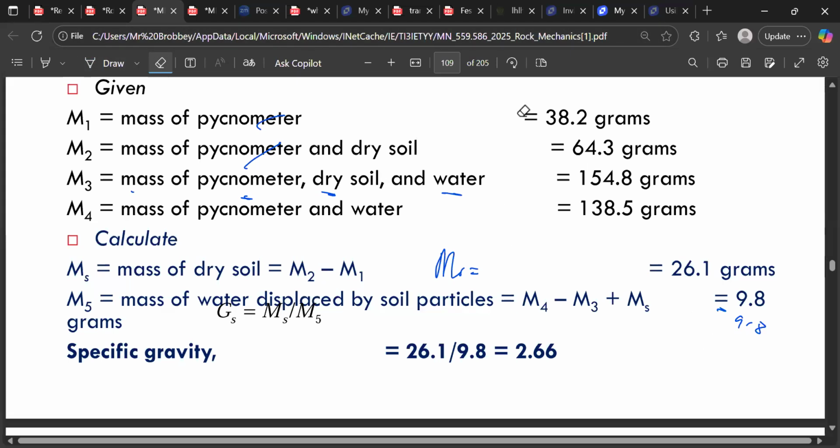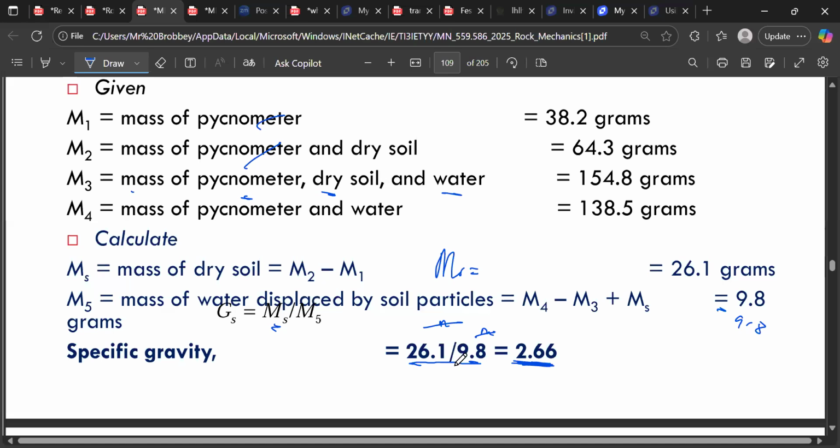We have been saying it. So specific gravity is the mass of the substance over the mass of water displaced by the soil. We do this division and get the specific gravity. It is dimensionless because the mass and the mass cancel out.